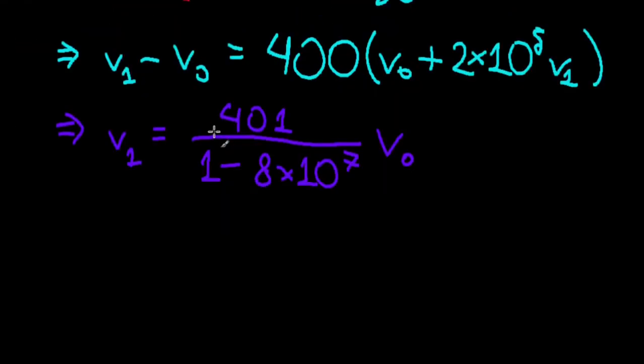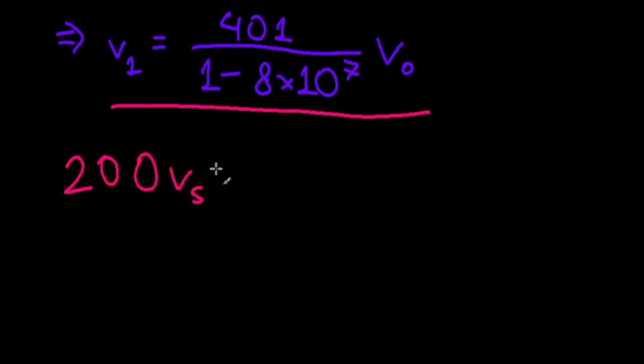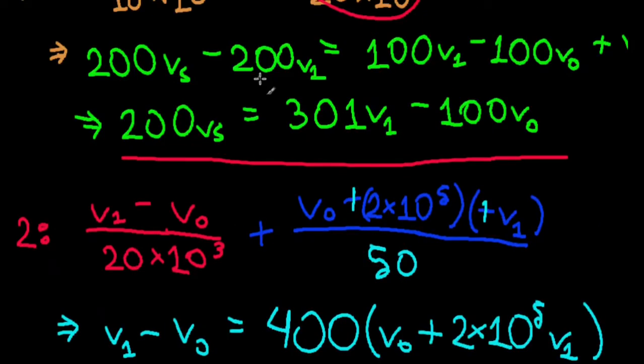So we have 200 Vs. We substitute this thing into our first equation. We have 200 Vs equals, okay, so this V naught substituted here, minus 100.